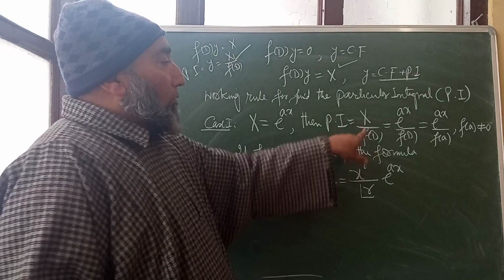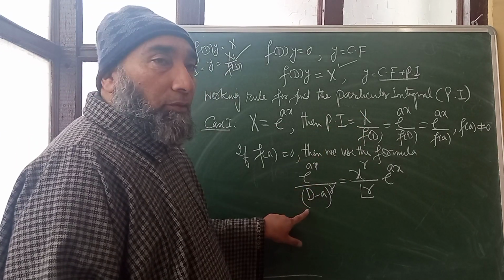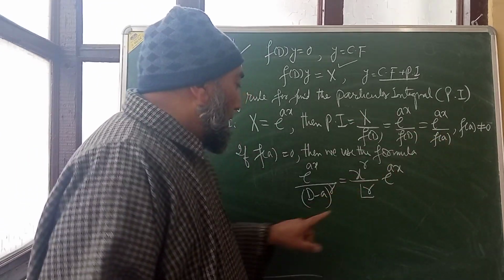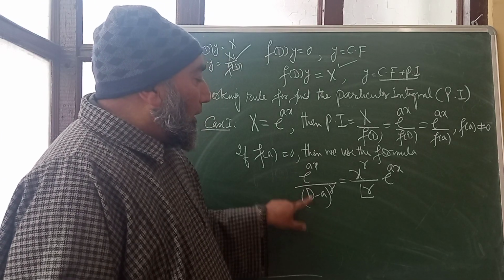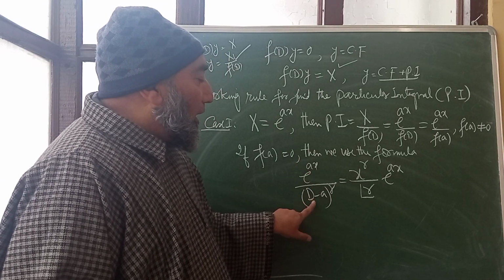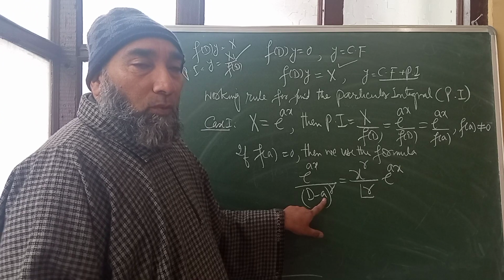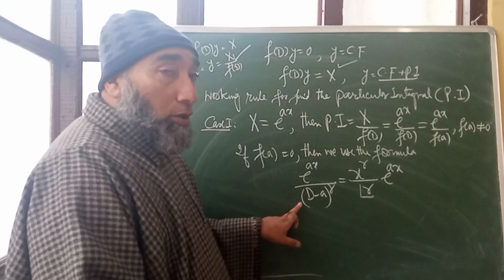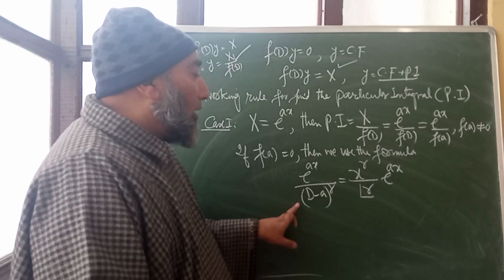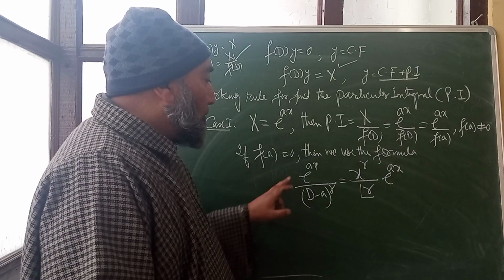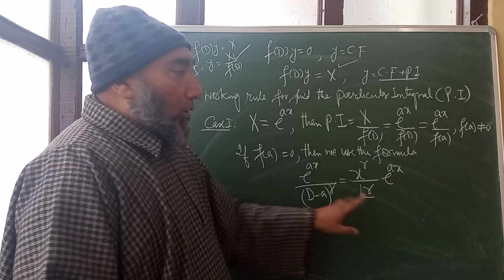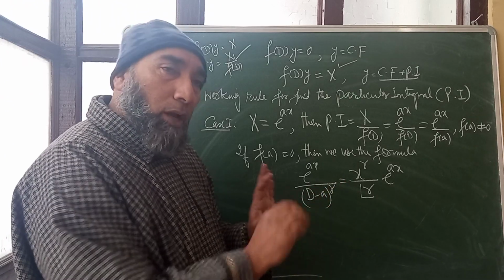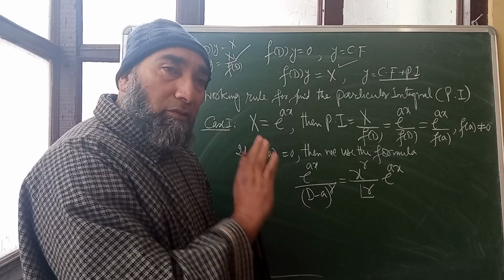You see, when you have e raised to the power ax upon f(D), what do you do? You replace D by a. If I replace D by a, this is e to the power ax upon a minus a, which is 0. So in this case, if the denominator is 0, I have a case of failure. This is known as the case of failure. I have to use this formula. Where does this formula come from? I will be showing this. I will be explaining everything.